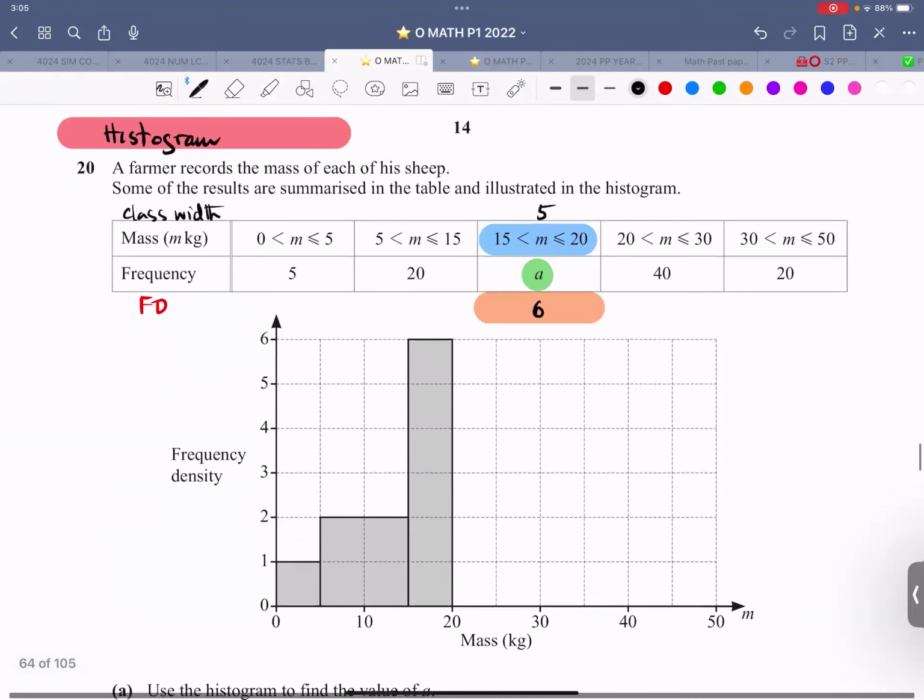Complete the histogram. So therefore this class width is 10. This is 40. 40 divided by 10 comes out to be 4. Similarly, this class width is 20. 20 divided by 20 comes out to be 1.